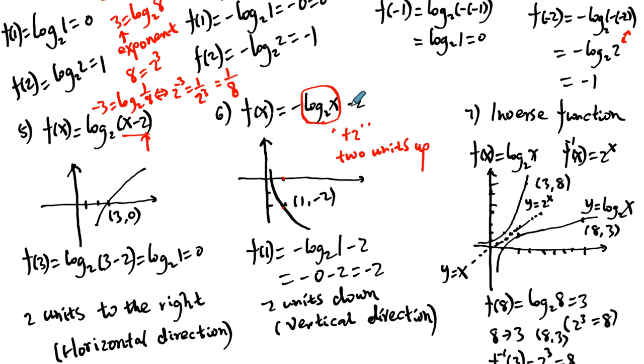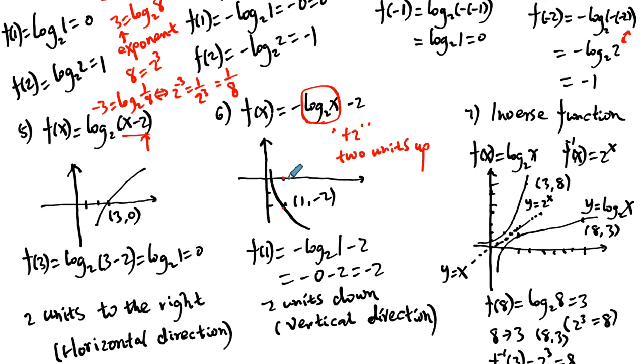Here is different. You see here the minus 2 goes to the y direction, into the negative direction. And here the minus 2 in x goes to the horizontal direction, shifted to the positive. Be careful. Minus 2 shifted to the right, positive direction, horizontal way. Minus 2 on the y is the negative direction.